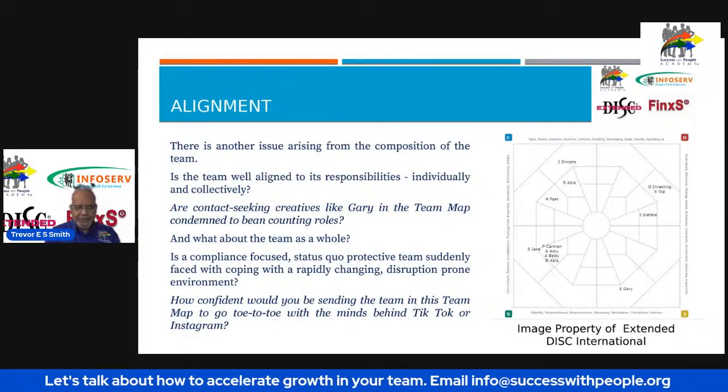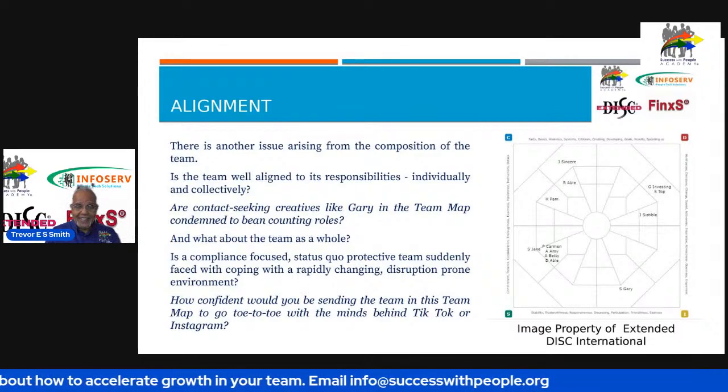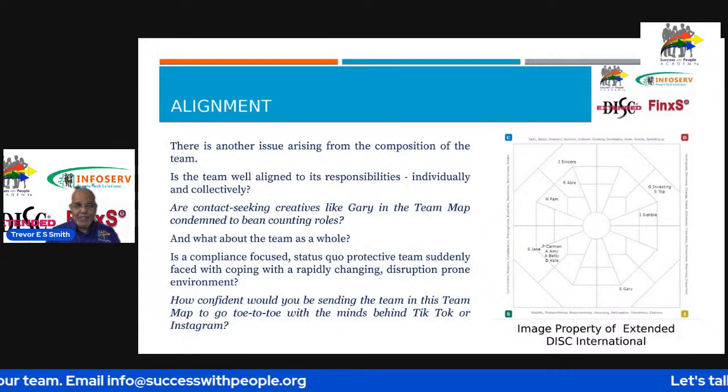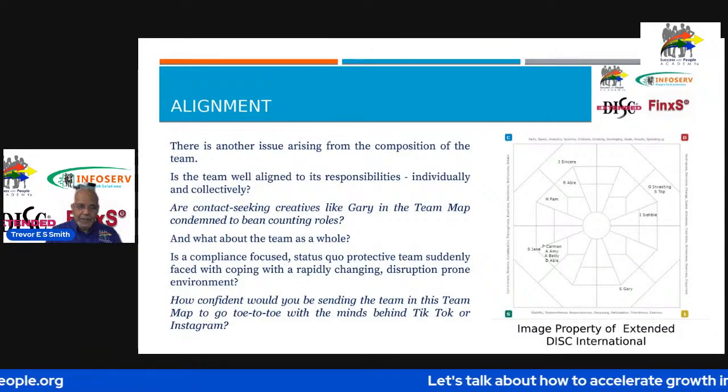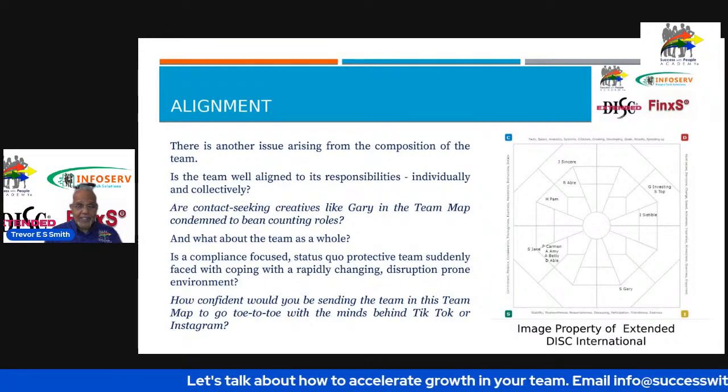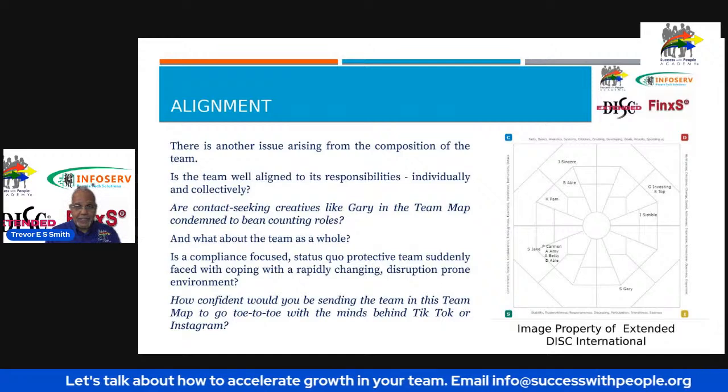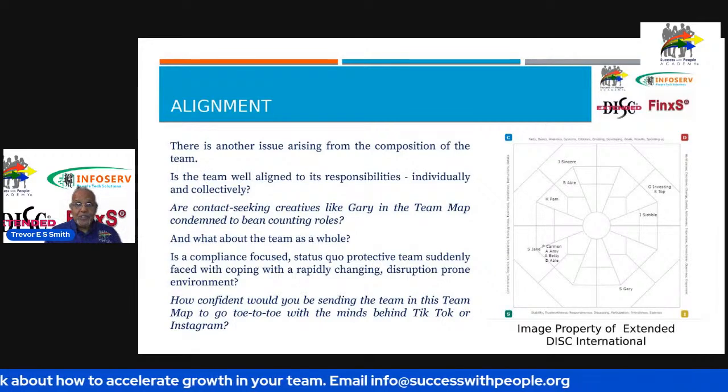Would you be very confident? I'm not saying they can't. Remember, these maps do not speak to can do or can't do. It just speaks to the amount of energy and the amount of focus that individuals would have to put in when they are in roles that do not come naturally to them.